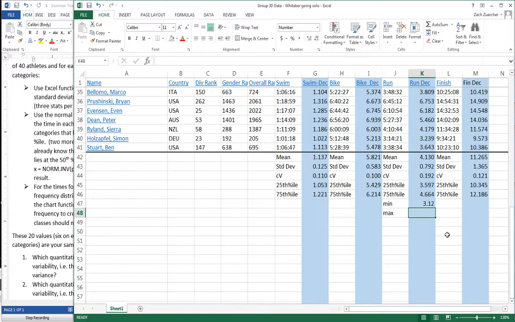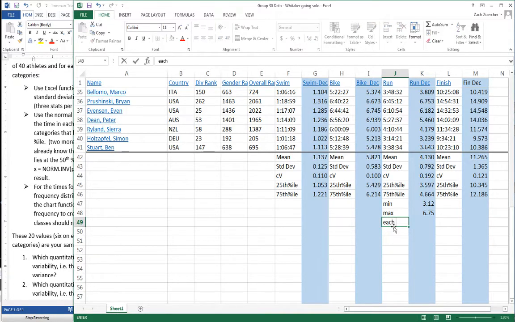So the minimum value is 3.12, and the max, again, the range is K2 to K41. Max on that is 6.75. So all of our data between 3.12 and 6.75 is going to have to fit into these 5 classes.